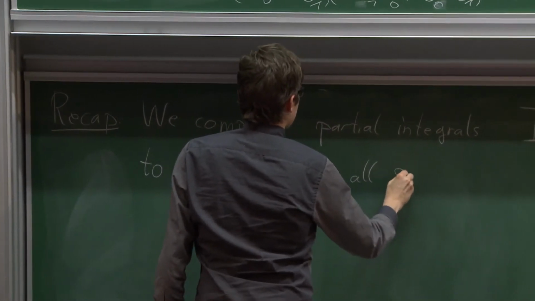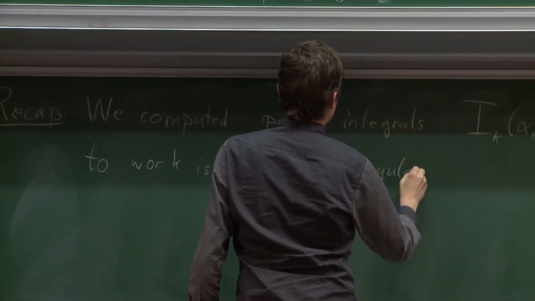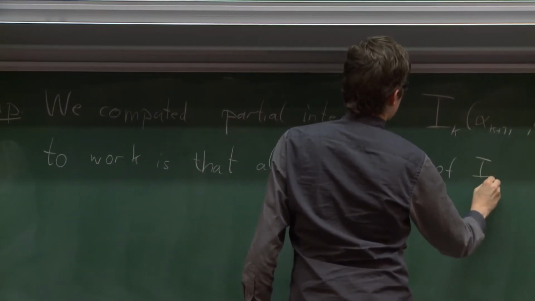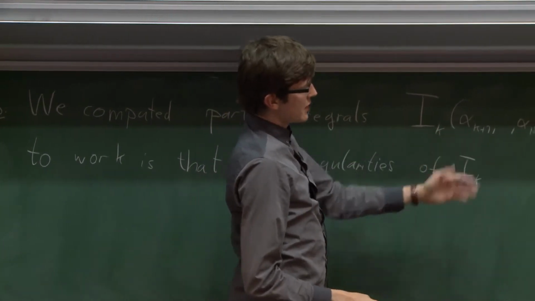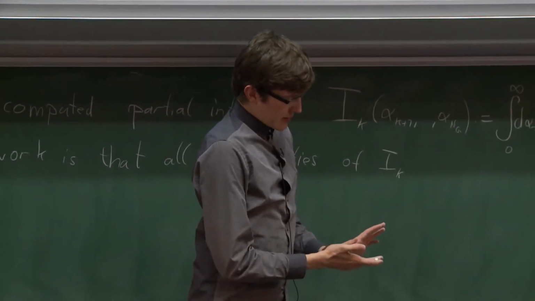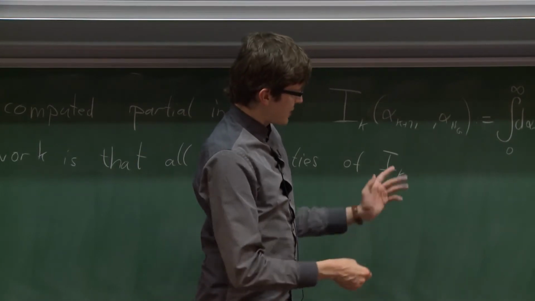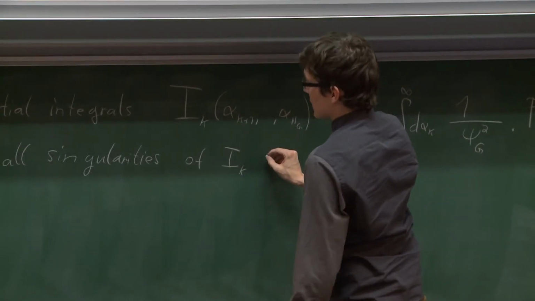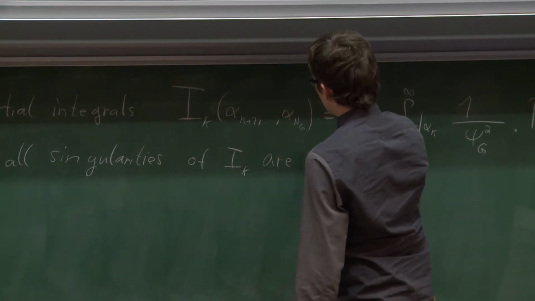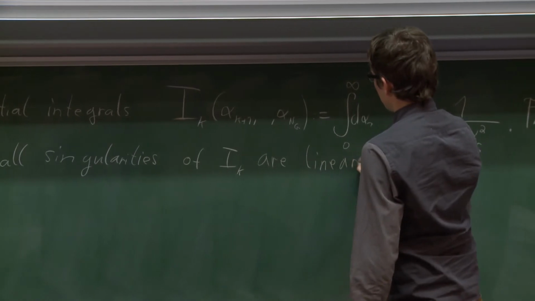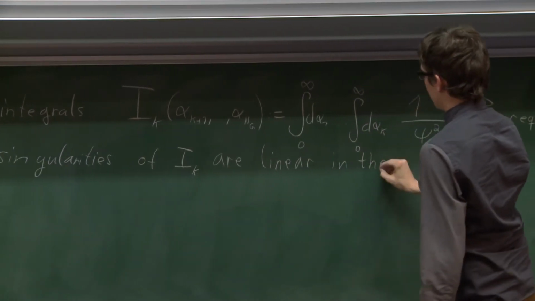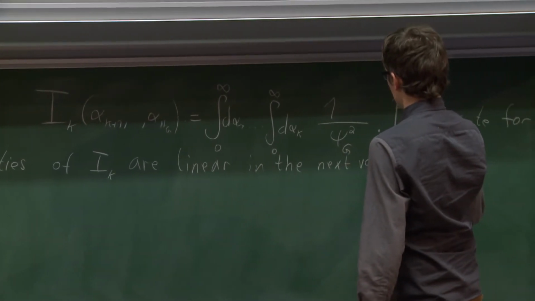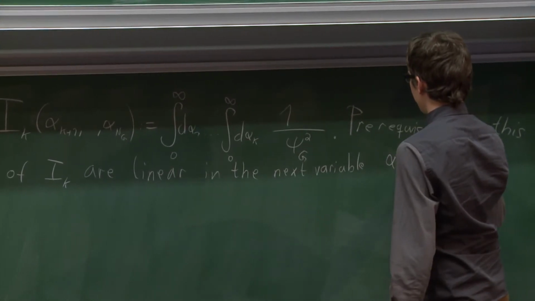So the prerequisite for this to work is that all singularities of this function, which is a multi-valued function of these variables. So there are some divisors, there's some variety which describes where this can pick up monodromies. But we need that all of these singularities are linear in the next variable, alpha k plus 1.